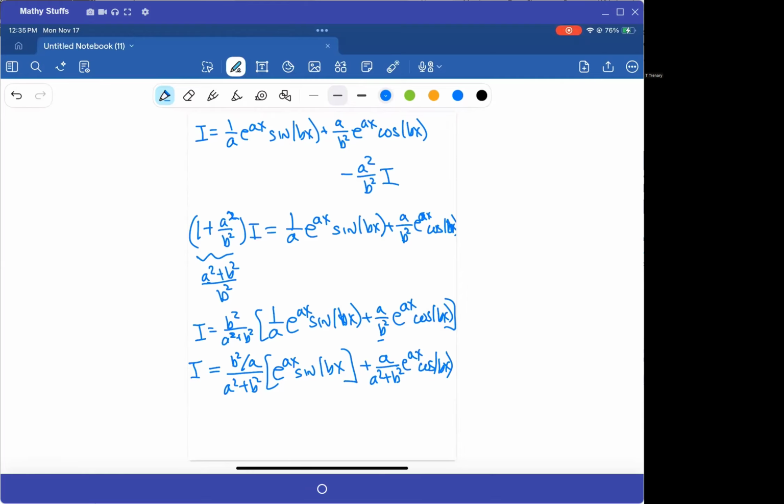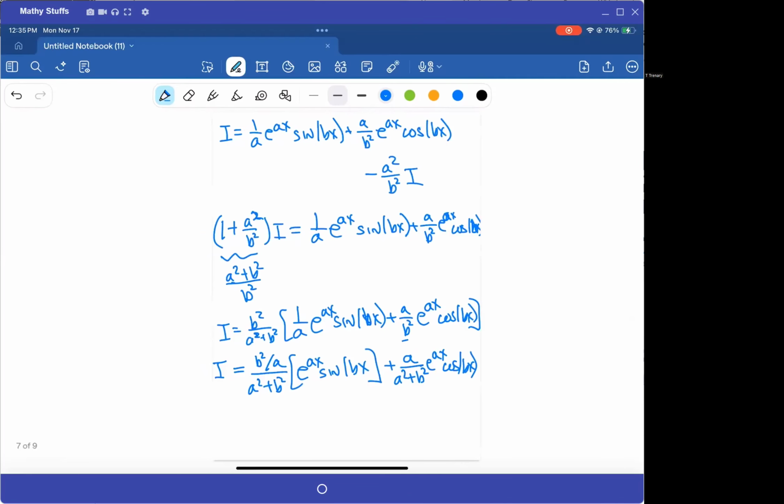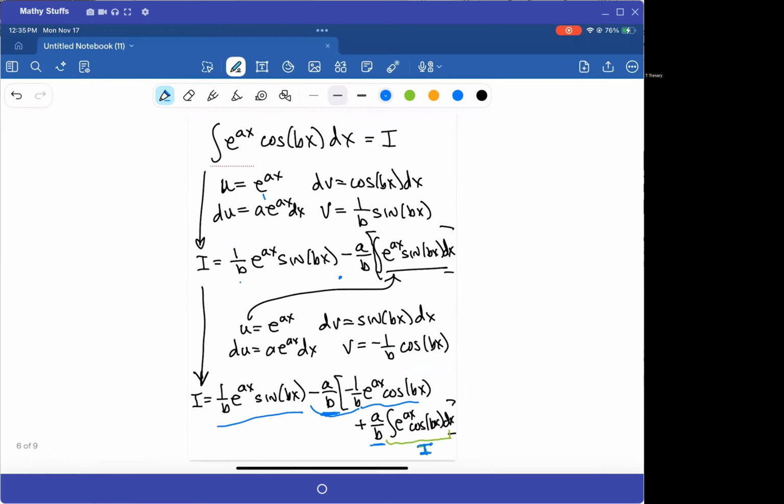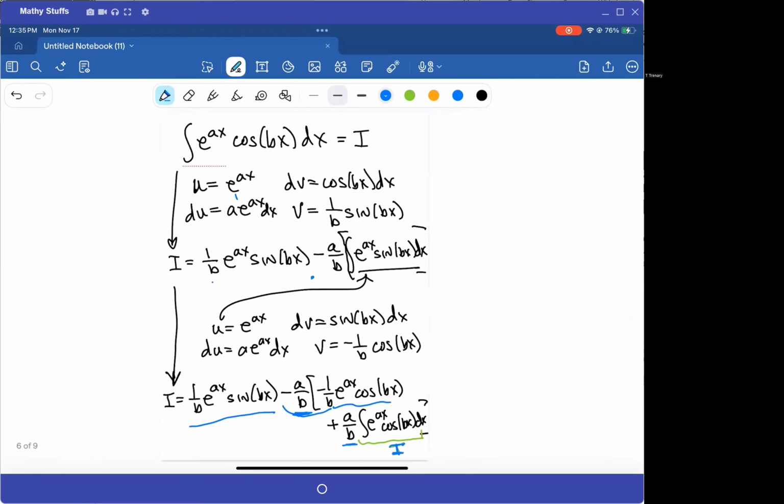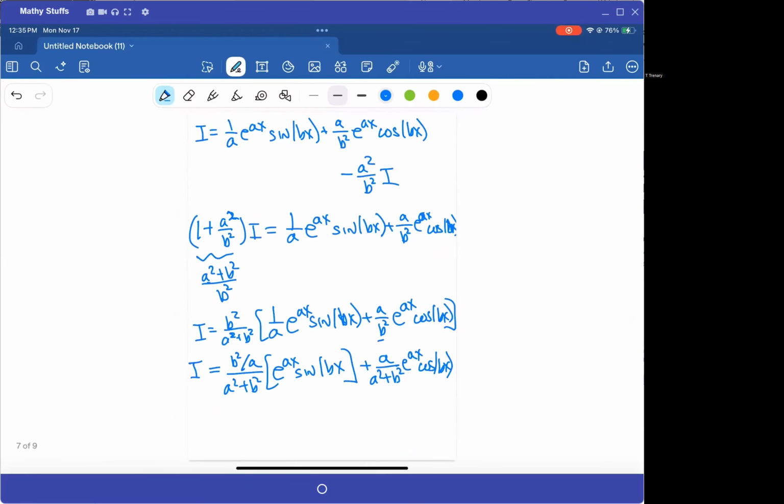Leaving some radio silence here. Apparently, let's see. So that was definitely minus a squared over b squared. Yeah.